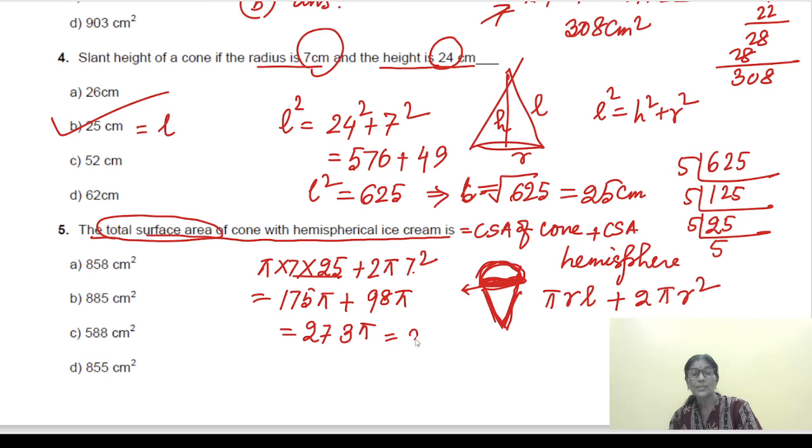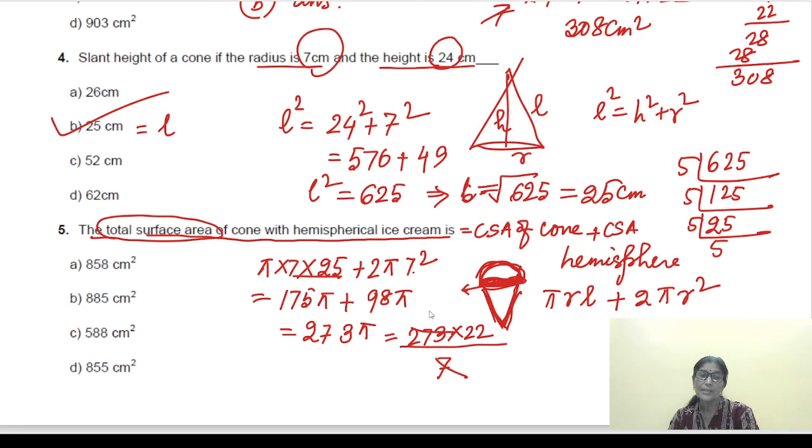Now I am simplifying, putting pi equal to 22 by 7 because 273 can be cancelled by 7. If it is not cancelled, then you will put pi equal to 3.14. So take pi common, and 175 plus 98, you will get 273.